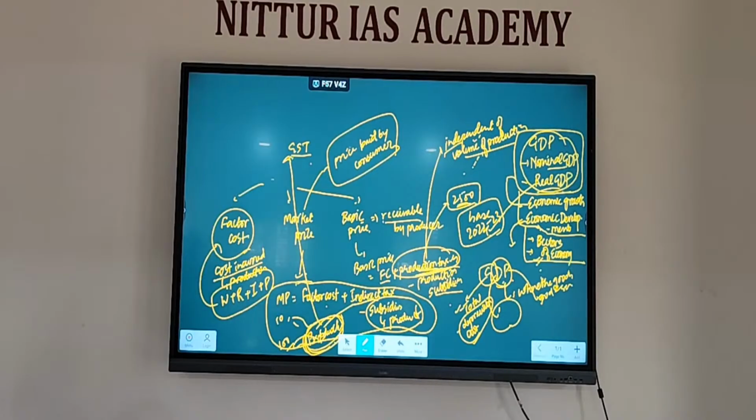These are the taxes that are dependent on volume of product.